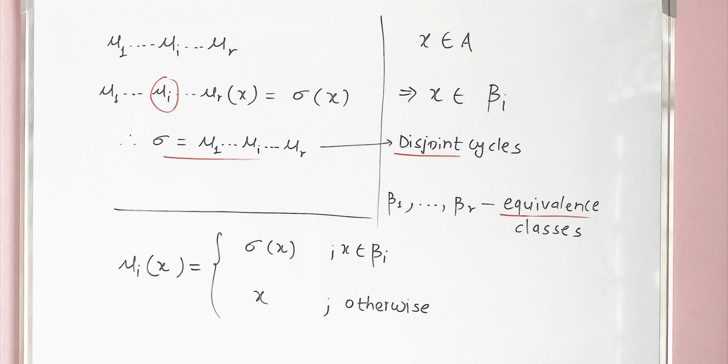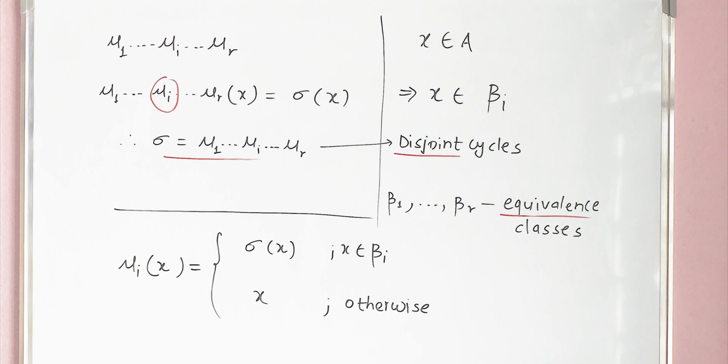They are disjoint. Now consider this product. Since the cycles are also permutations, they can be multiplied. So consider this product of all the cycles that are associated with the orbits of sigma.